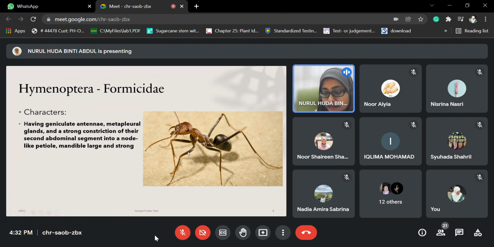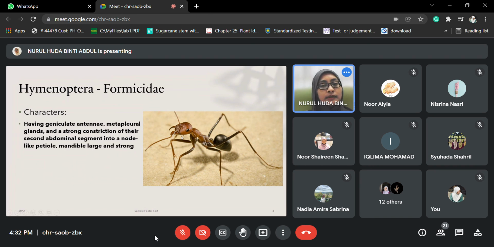Under the microscope you can see the part that we call the metapleural gland, because this gland is, how to say, important for this insect for its navigation and so on.